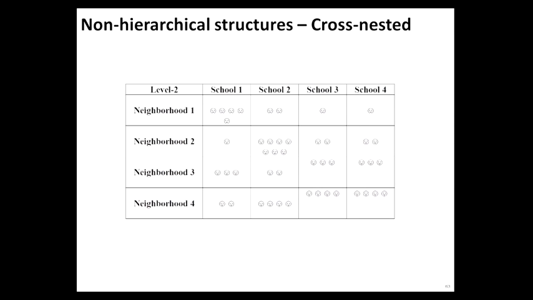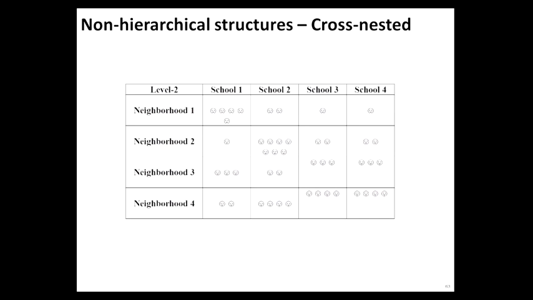Let's think about a situation where you're interested in studying children and their BMI, and you believe that a child's BMI is a function of not only their own characteristics, but also the school they go to and the neighborhood where they live. You want to analyze the relative influence of the schools and neighborhood. But schools and neighborhoods don't nest.